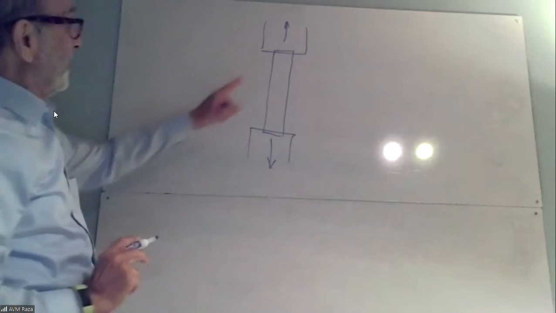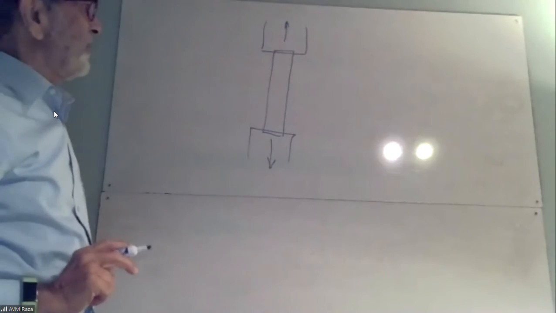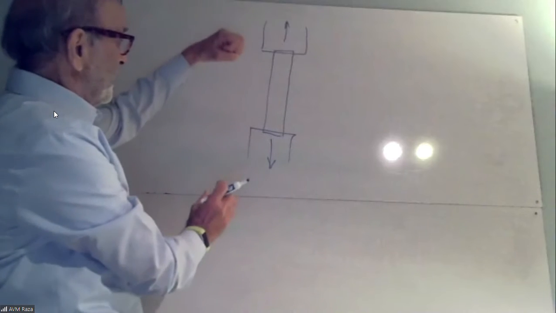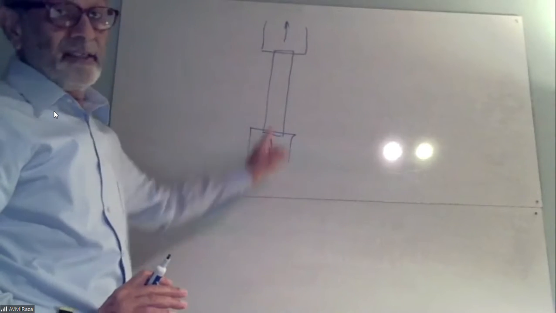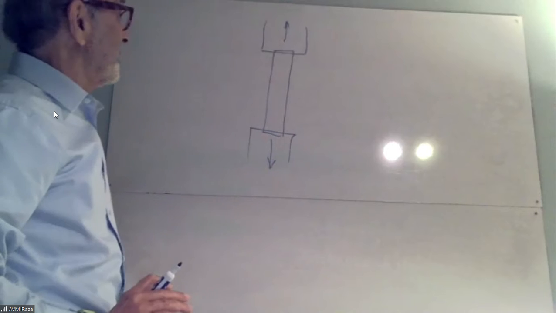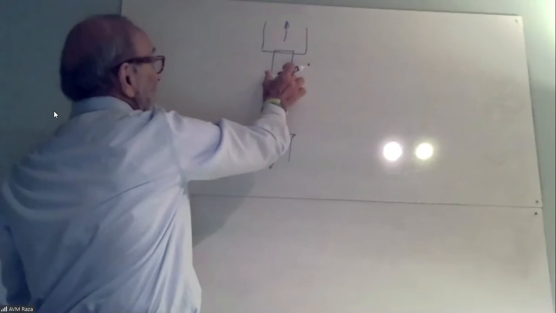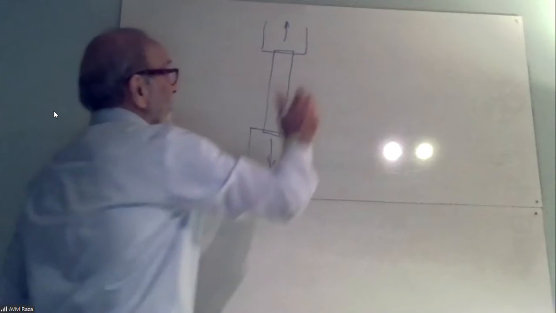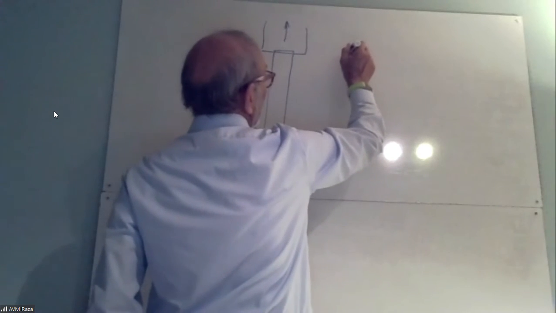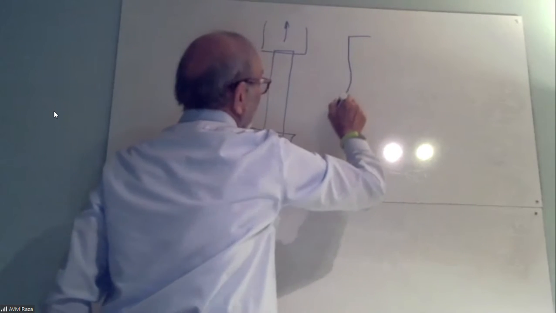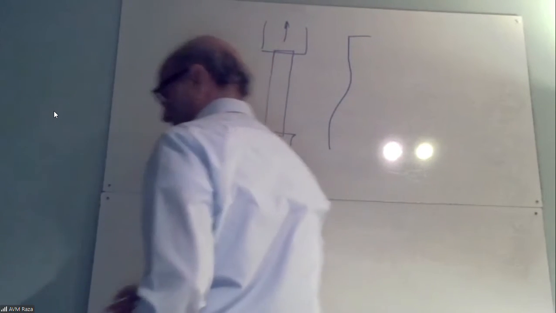So now you put your specimen in normal stress, and as you increase the stress there will be strain. It will start to increase in length, and when it increases in length, what happens to the diameter? Well, the diameter will reduce.